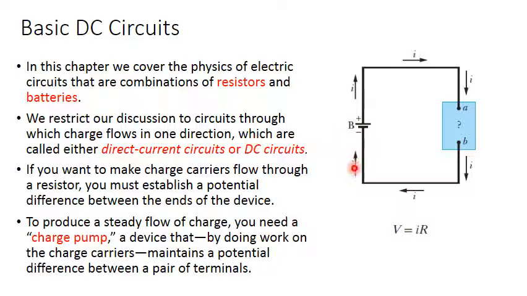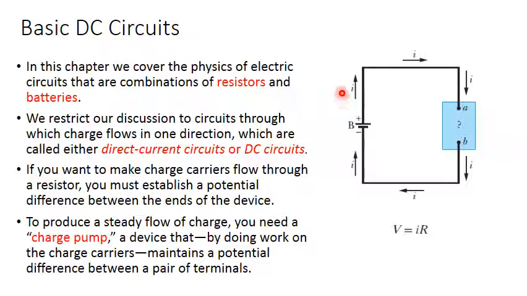This means that the current flow would be in one direction only. It will not flow in one direction for a while and then return back. It will always, all the time, flow in one direction. So, flowing in one direction is called direct current circuits, abbreviated as DC circuits. So, our study here is limited only to DC circuits.